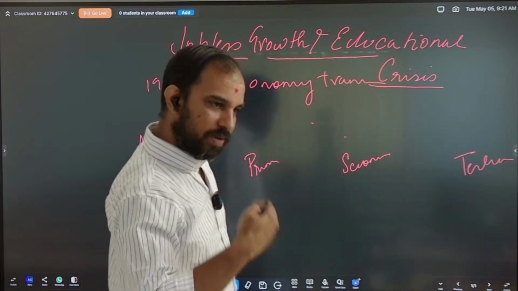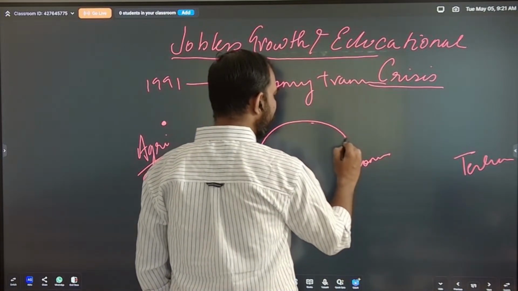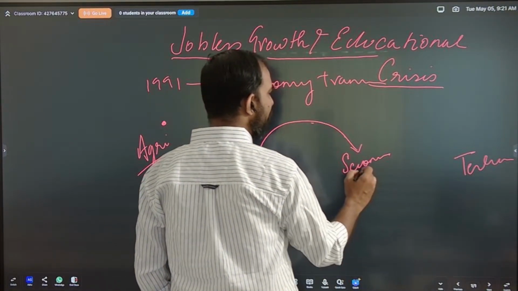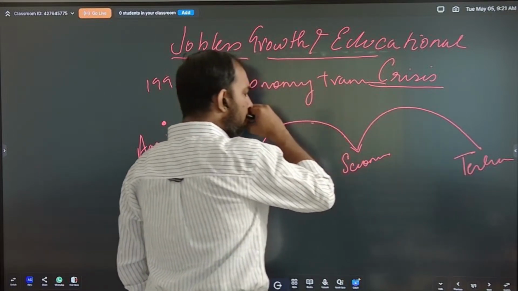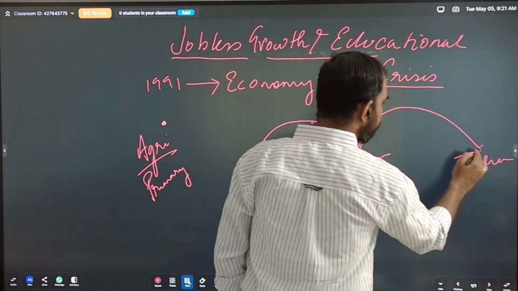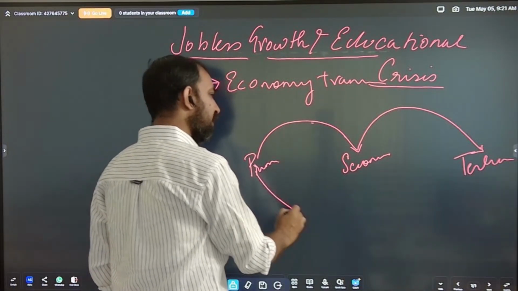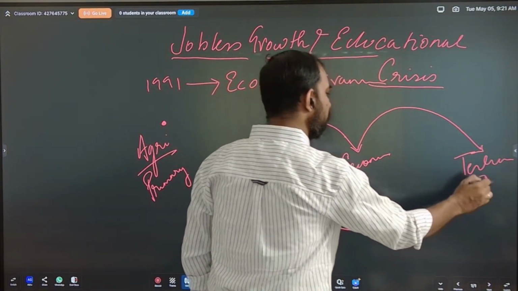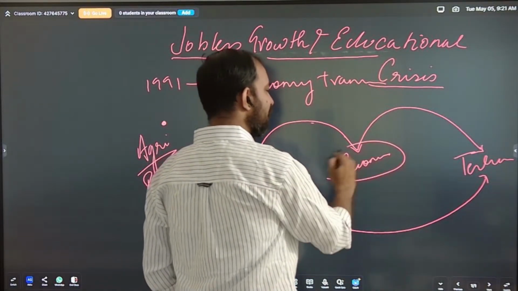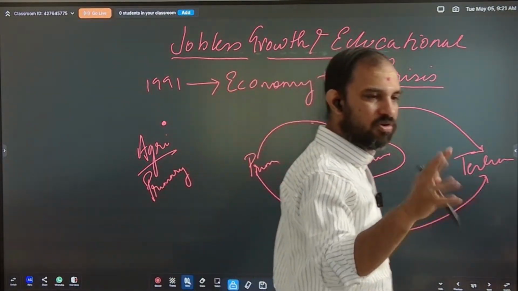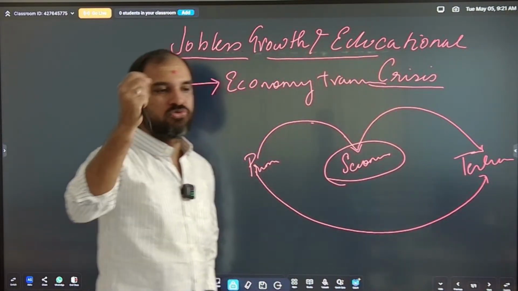So when you liberalized, when you globalized, from primary you should have shifted to secondary, that is manufacturing, and from secondary you should have transited to tertiary. But instead, you directly moved from primary to tertiary. So this secondary or manufacturing sector was not taken into consideration. It was not given a boost.